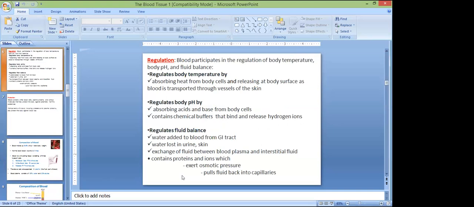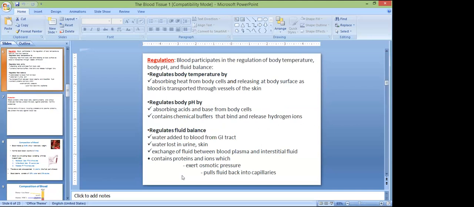Then regulation of number one, pH. We look at this once we are done with RBCs real quick. We mentioned yesterday plasma proteins having an effect on the blood pH and such things.